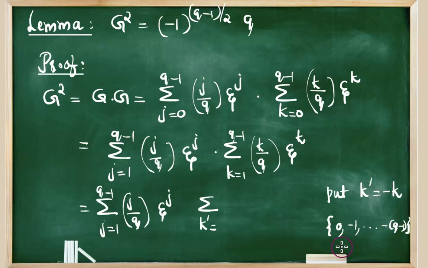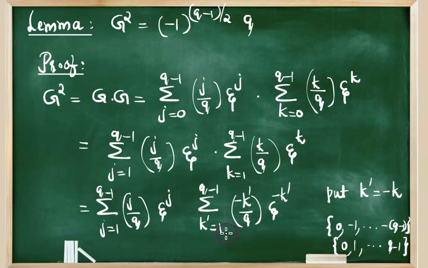But we know that the set 0, minus 1, etc., minus of (Q minus 1), and the set 0, 1, etc., Q minus 1 can be considered equal when we consider them modulo Q. So we can assume that K dash also varies from 1 to Q minus 1, and instead of K we will be writing minus K. So the new term would be (minus K dash by Q) into theta raised to minus K dash. For convenience, we may also replace this K dash by K itself.